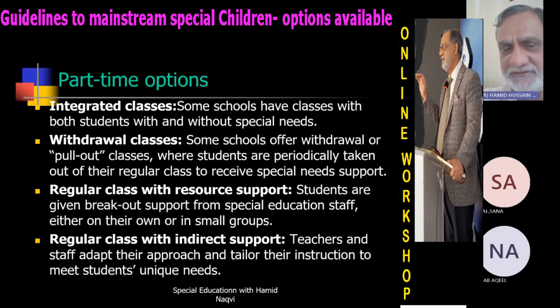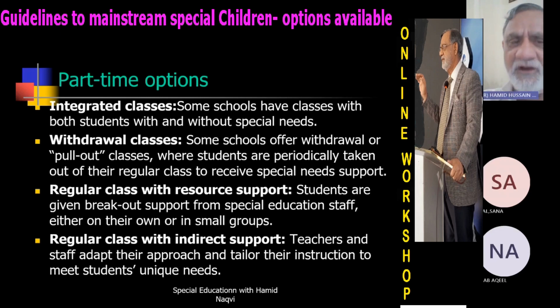Then withdrawal classes. This is another shade. In this shade, some schools offer withdrawal or pull-out classes where students are periodically taken out of the regular class to receive special needs support. It is a type of integrated class, but in an integrated class, we have all seven periods where the normal students and special students are taken together.